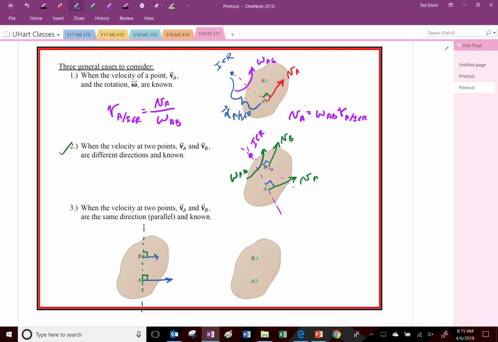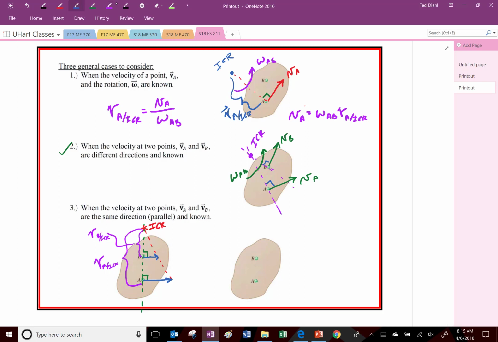What we find is the ICR can be found by a triangle right here, or by taking the magnitudes, so that this is going to be our A with respect to ICR, and this is our B with respect to ICR.